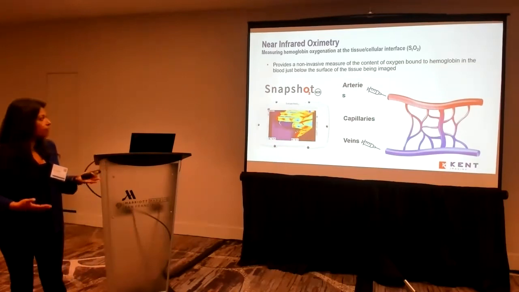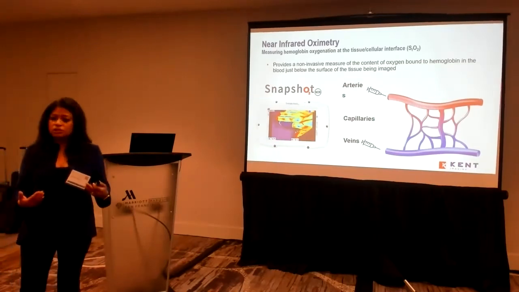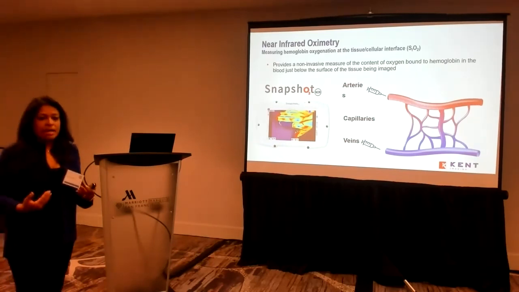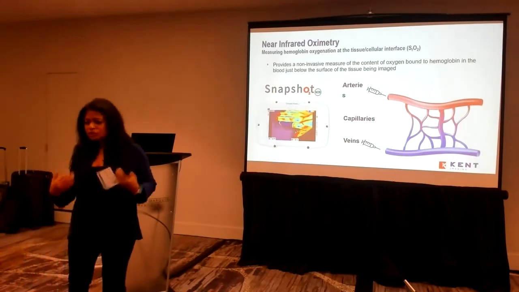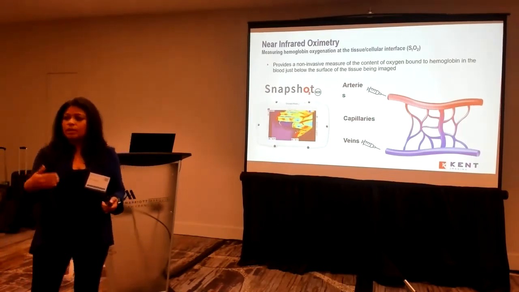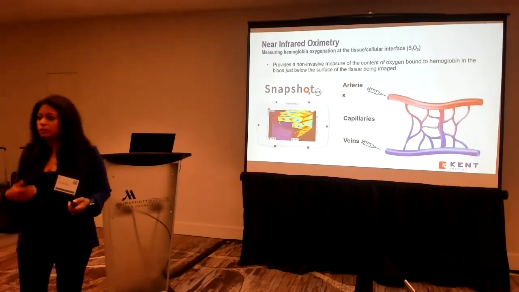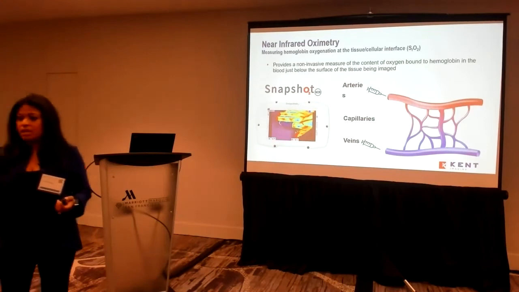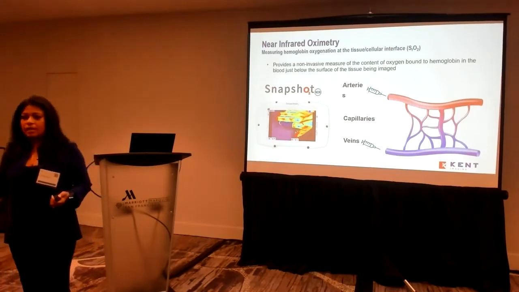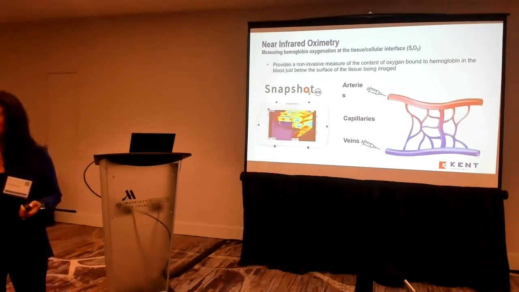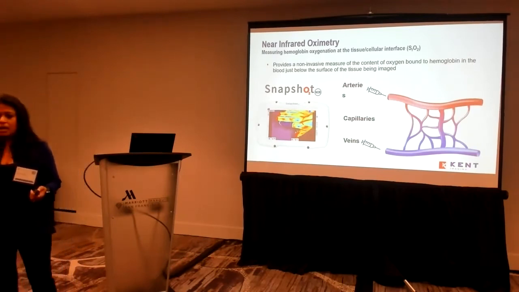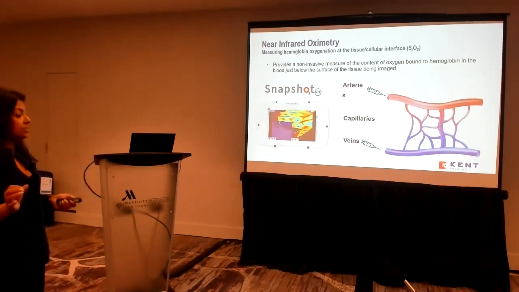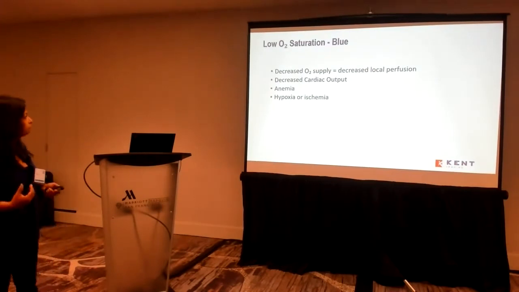But it is very important for you to understand that we're not only looking at macrovascular flow, we're looking at the microvascular flow. And I think we spend an exorbitant amount of time talking about how we can reinstitute blood flow to the area, and what kinds of interventions. But I think we also need to start thinking about our end organ tissue perfusion. Are we really getting the end organ value? I don't think we think of skin as an organ and what we need to be doing for that.